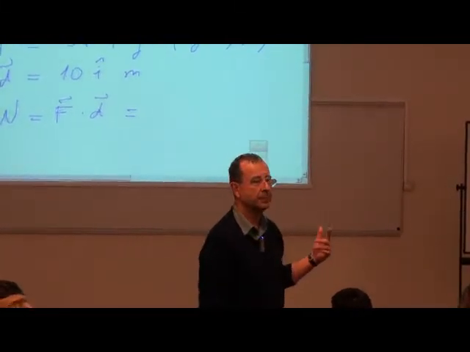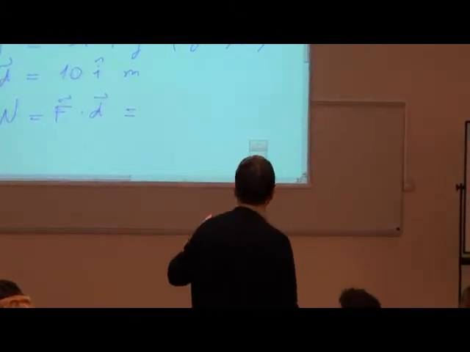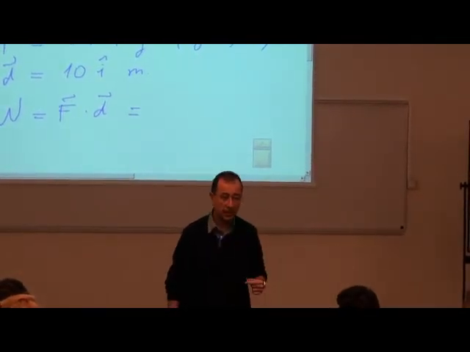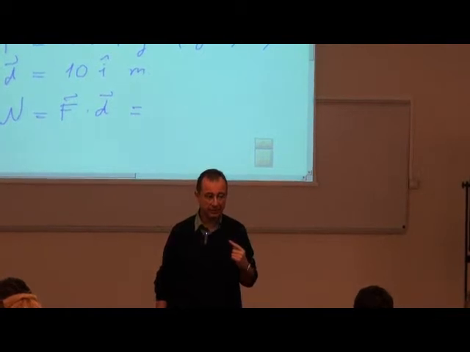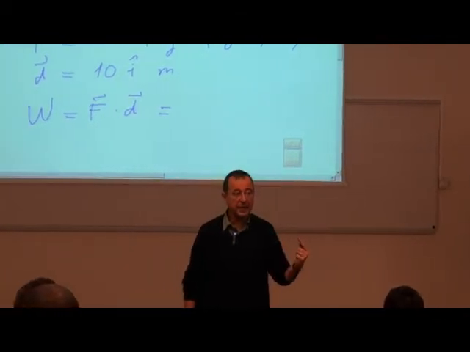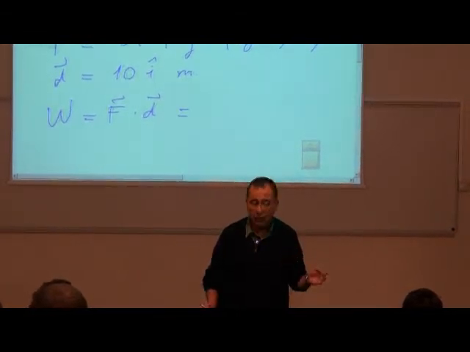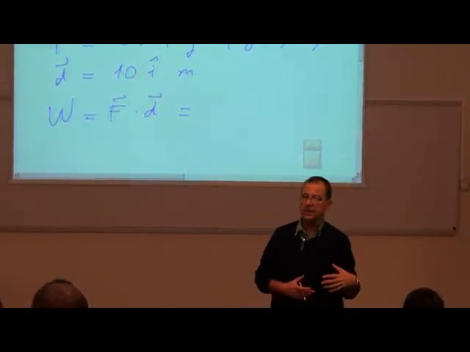What is it? 30. Okay, 30 and I. I is a vector. The scalar product is a number. It doesn't have any direction. Work, as we'll learn later, is also a scalar.